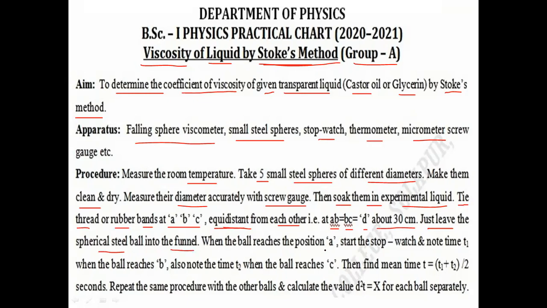When the ball reaches position A, start the stopwatch and note time T1. When the ball reaches B, note time T2. Then when the ball reaches C, find the mean time, T is equal to (T1 + T2) divided by 2, in seconds. Repeat the same procedure with another ball and calculate the value d square into t is equal to x for each ball separately.